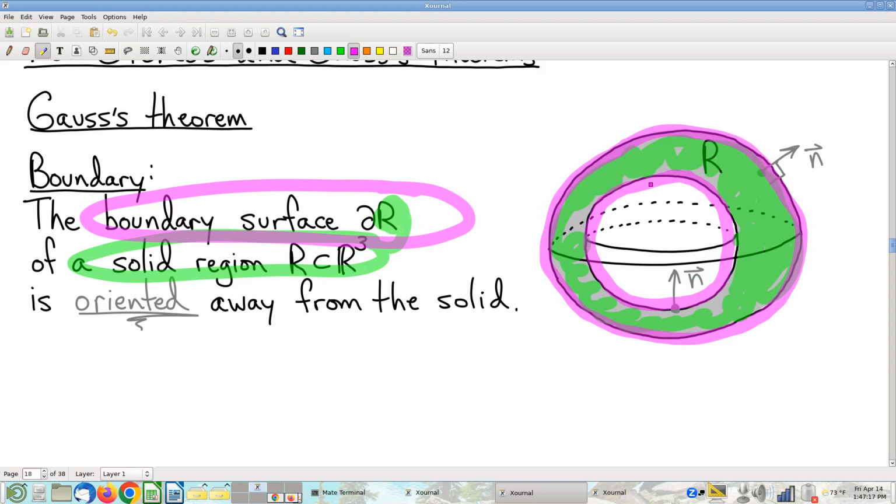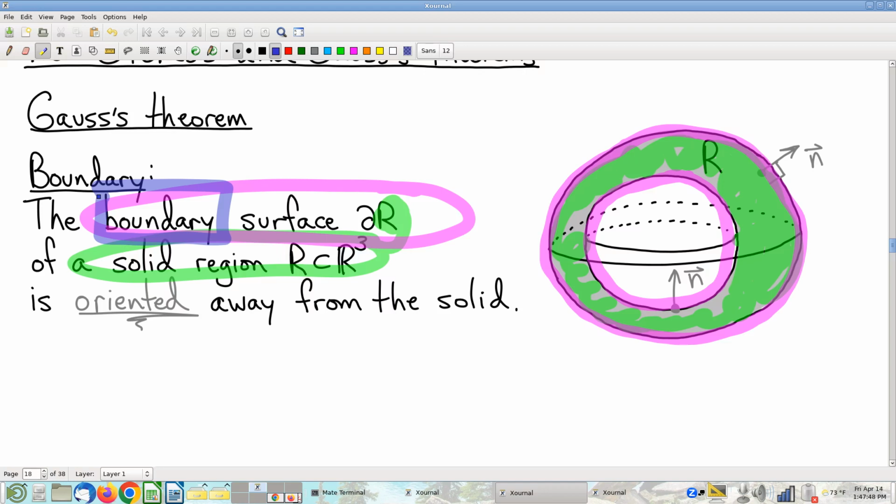All right. Notice the boundary surface has two chunks, right? There's what you might call the outside part of the boundary, what you might call the inside part of the boundary. Okay, so here's the orientation. When we say the word boundary, just like with two-dimensional regions and their boundary curves, the word boundary means an implicit orientation according to a certain rule.